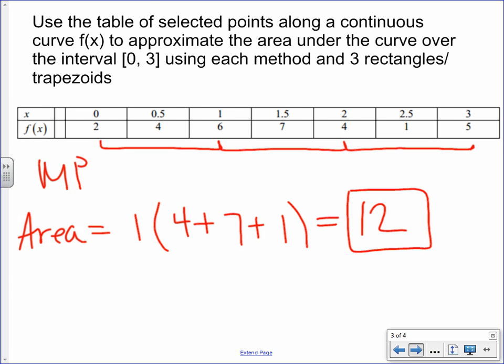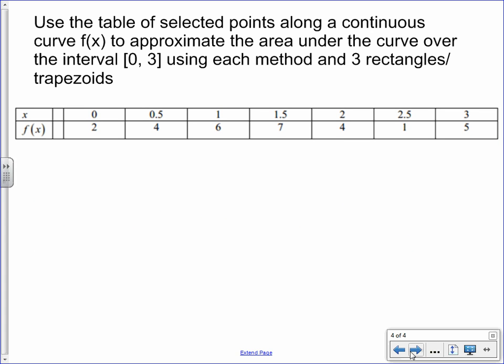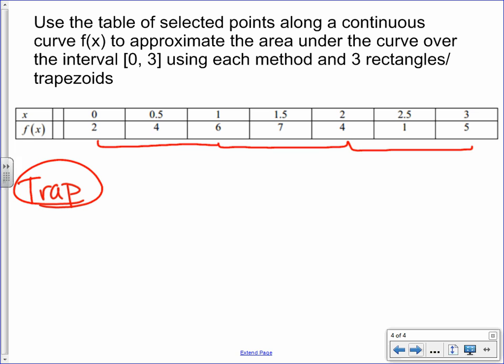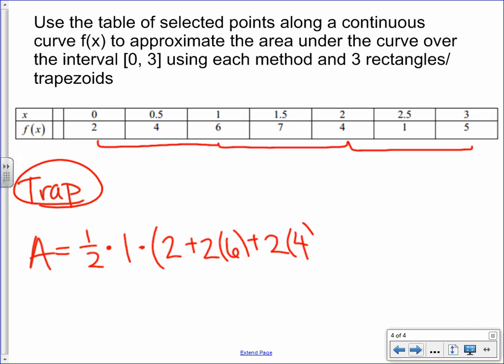Last but not least, trapezoids. So first of all, 1/2 times 1 times our bases. Our first base, 2 plus 2 times 2, 6 plus 2 times 4, plus just 5 because that's our last base.